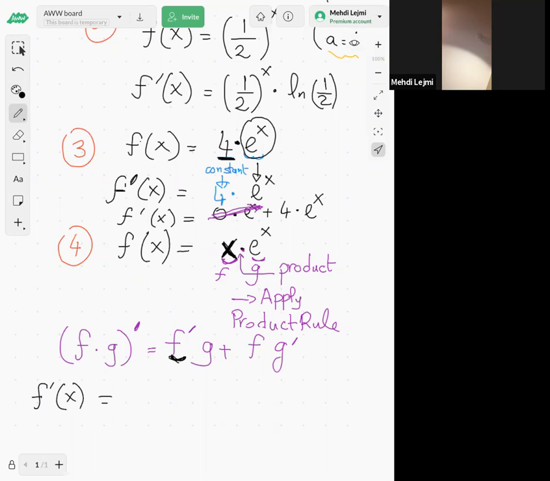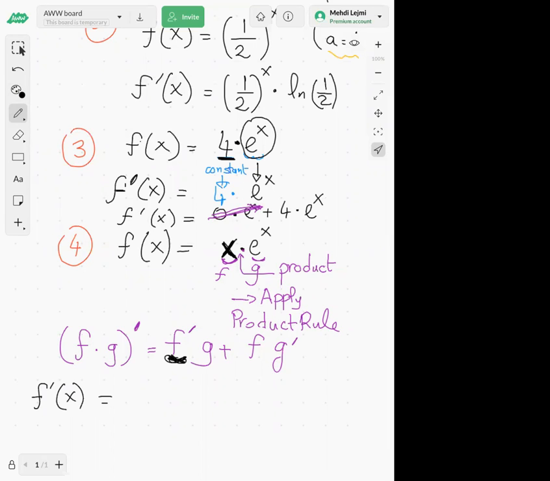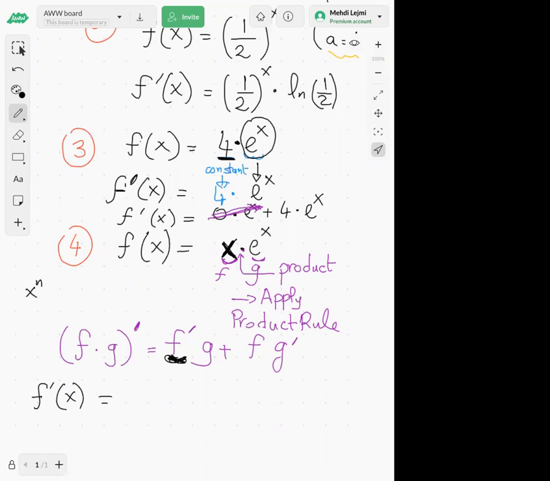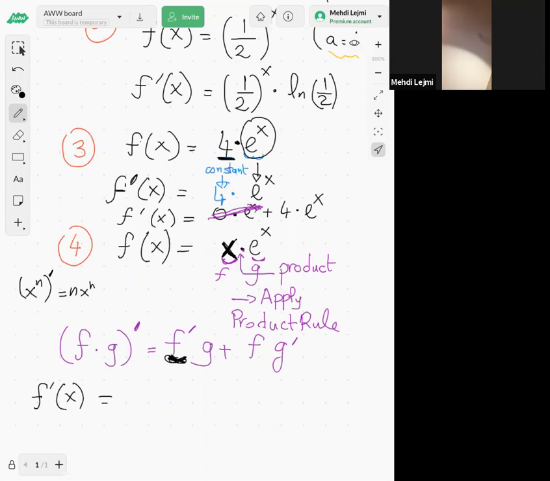The derivative of x is 1, because we applied the power rule. Remember, if you have x to the power n, the derivative is n x to the n minus 1. If n is 1, you bring down 1 and subtract 1 from the power of x, so that will be x to the power 0, which is 1.